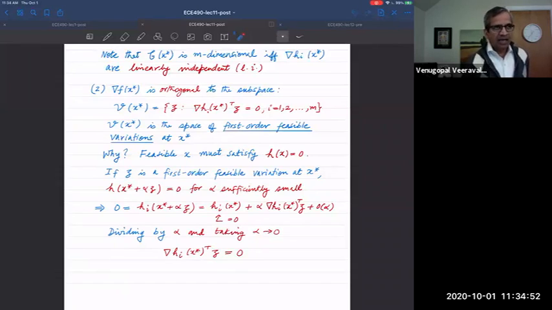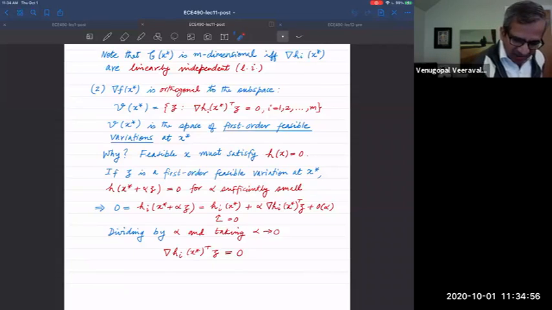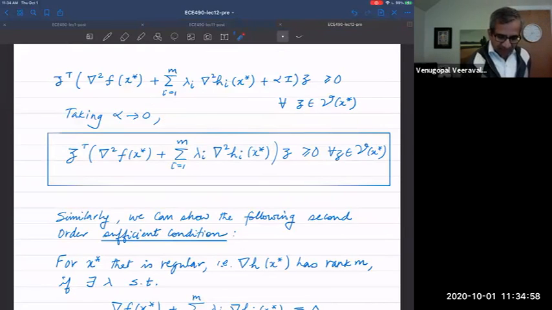So it's quite likely that I'll be able to meet this condition for z belonging to V of x star, but it doesn't hold for z outside of it.